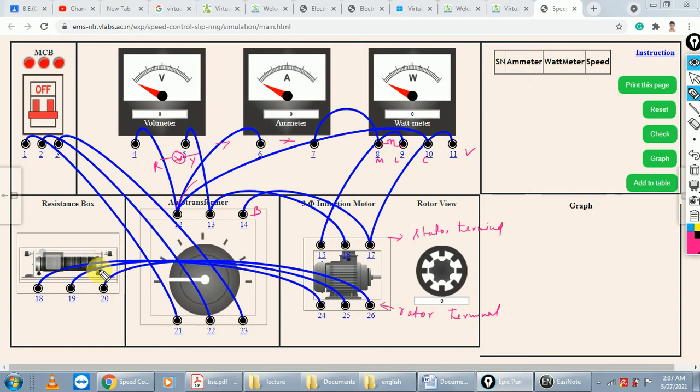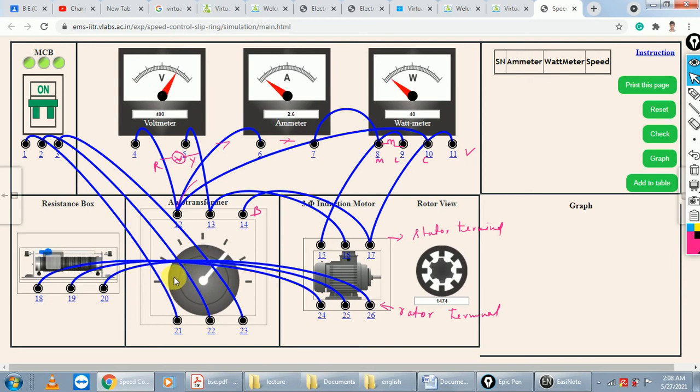Okay, so turn on the MCB. Here we turn on the MCB and click on auto transformer.